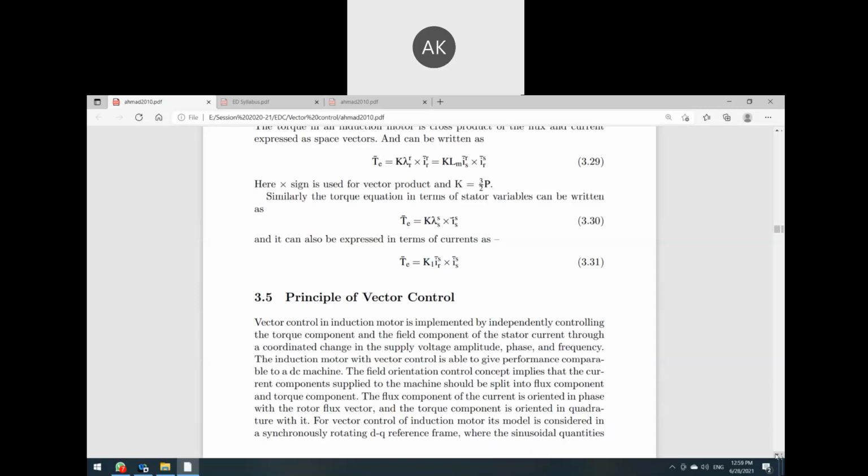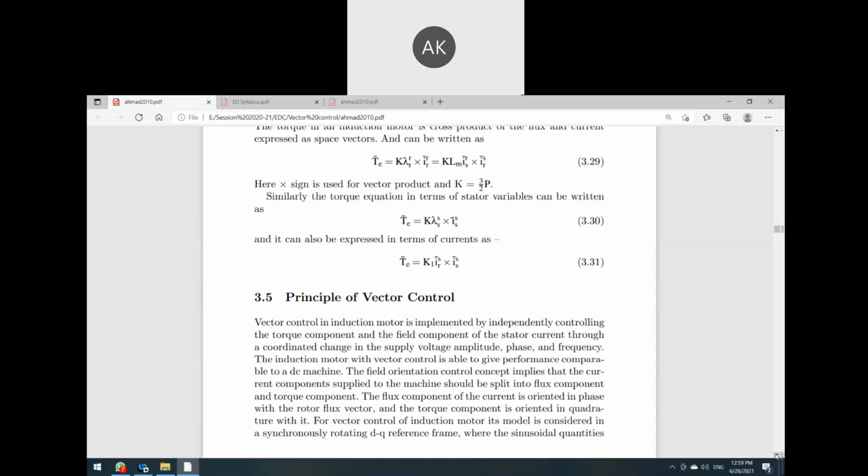The field oriented control concept implies that the current component supplied to the machine should be split into a flux component and a torque component. Basically, we divide the stator current into the flux component and torque component.